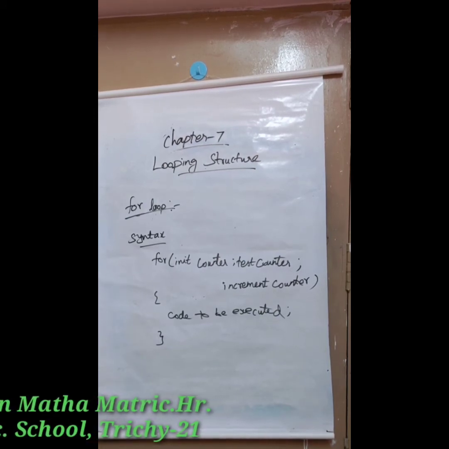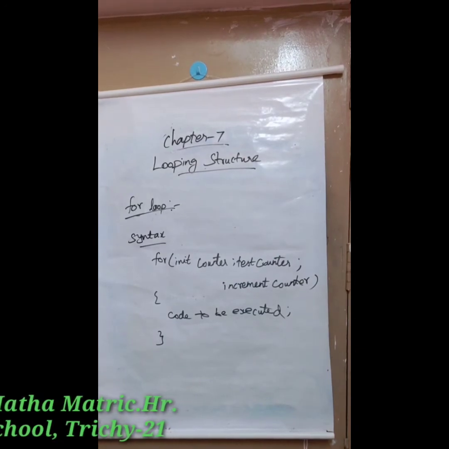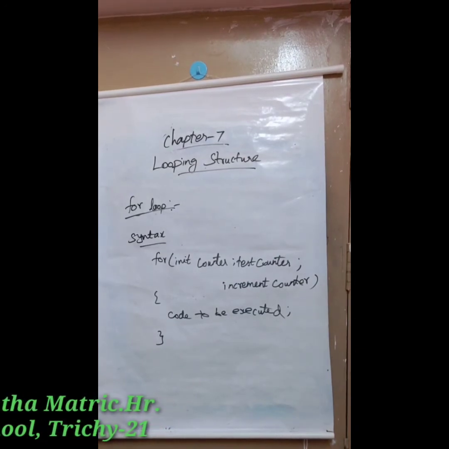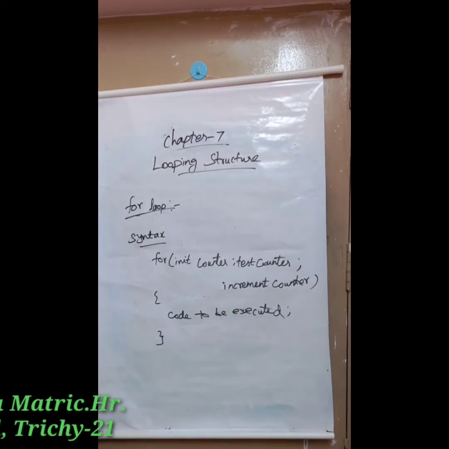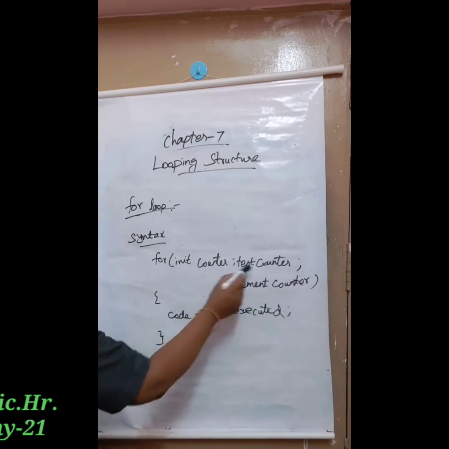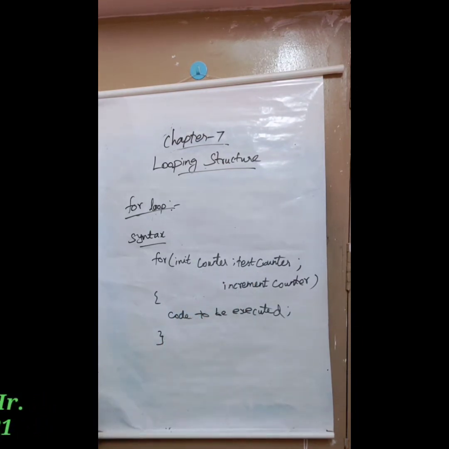If it evaluates to true, the loop continues. If it evaluates to false, the loop ends. The next one is the increment counter, which increases the loop counter value. So in the for statement we use three parameters: initial counter, test counter, and increment counter.